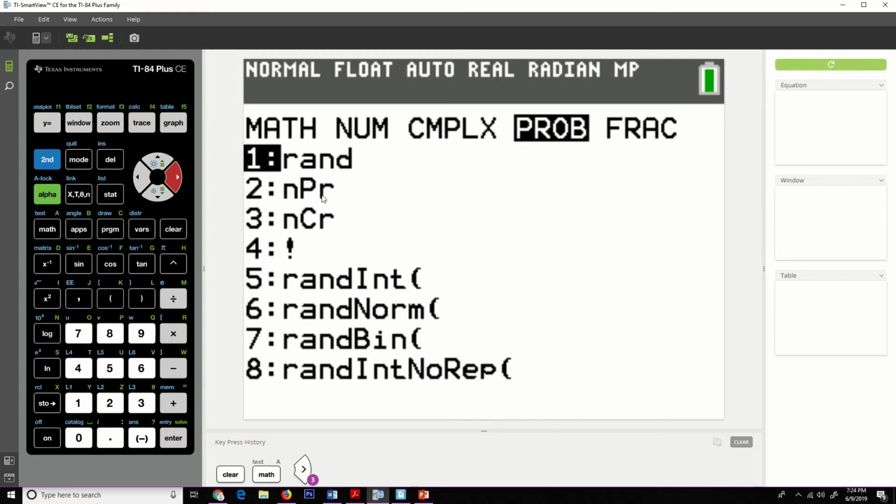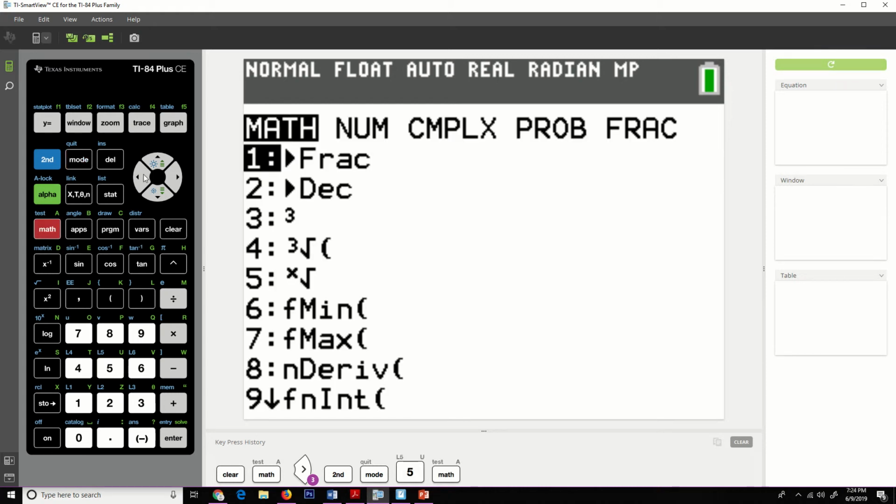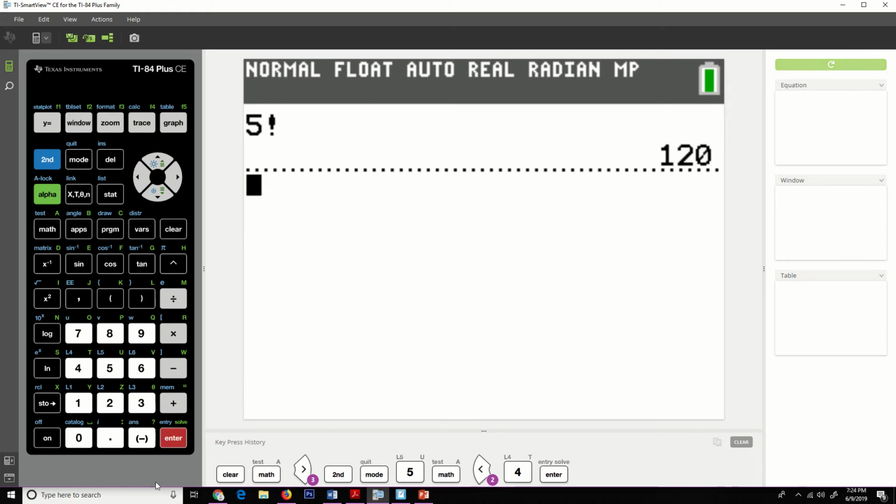We also have this nPr and nCr, which we will also be using today, and we'll be discussing that in the future. But if you actually want to use a factorial, you kind of have to plan ahead a little bit. So if I want to do 5 factorial, I have to type 5 first, then hit the math button, then arrow over to probability, hit the 4 button, hit enter, and that's how I get my 120.